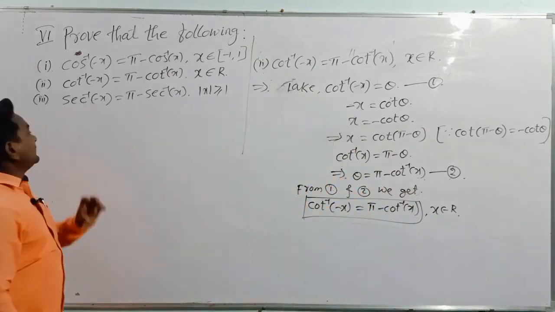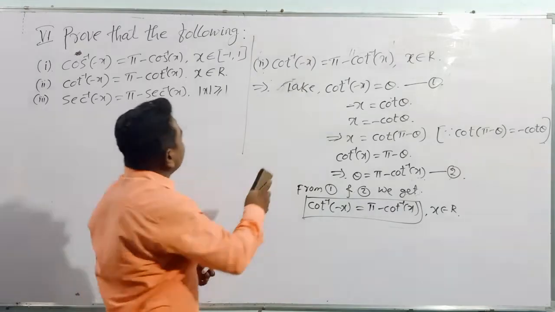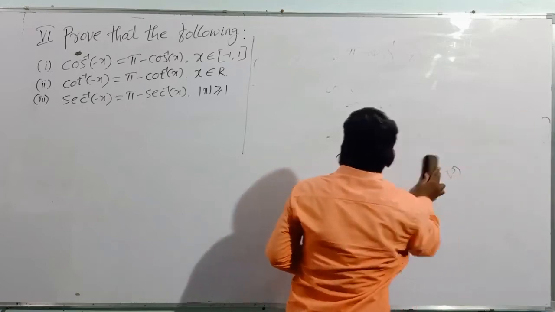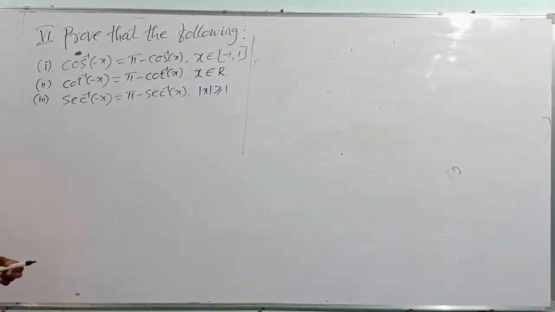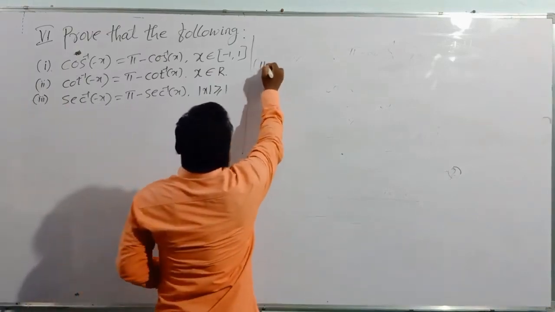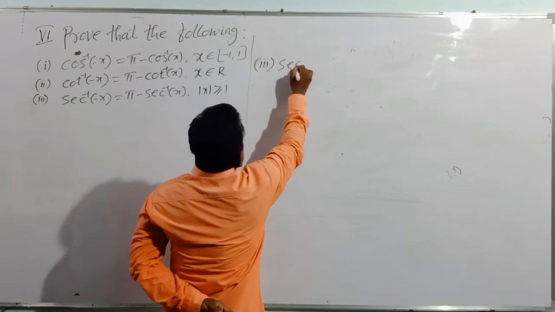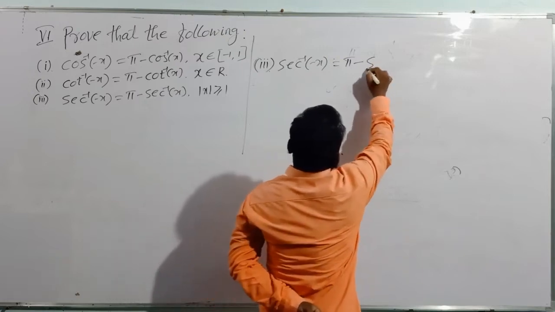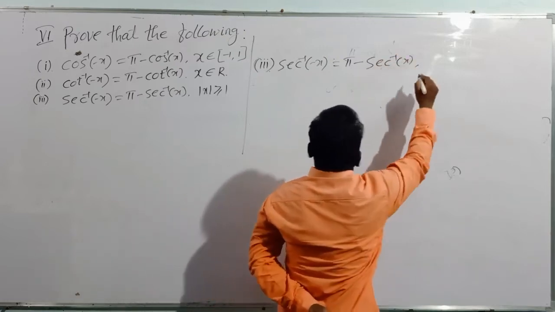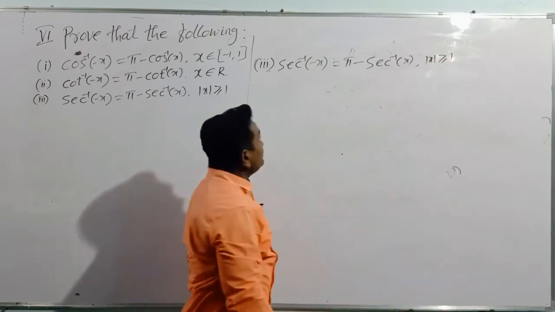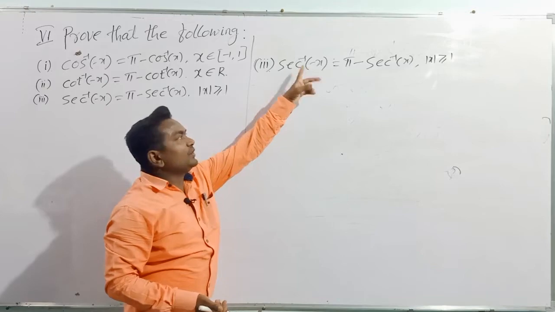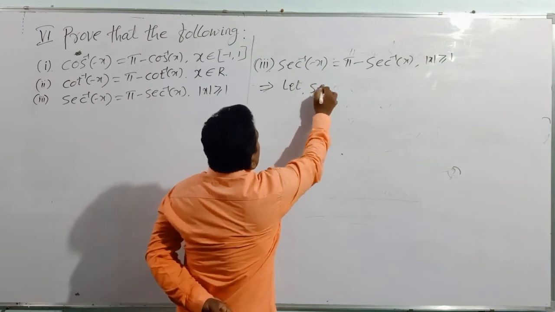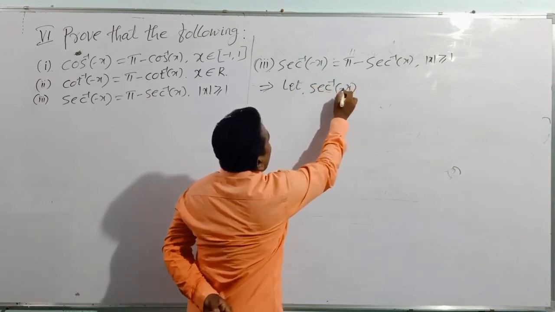Now in the same way, you have to prove the third property. The third property is sec inverse of minus x equals pi minus sec inverse x. Let sec inverse of minus x equal theta.